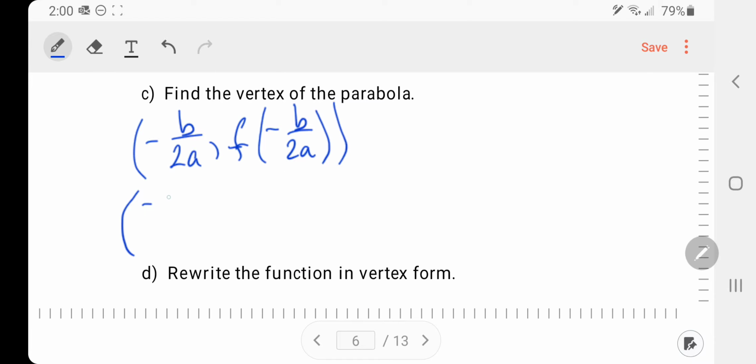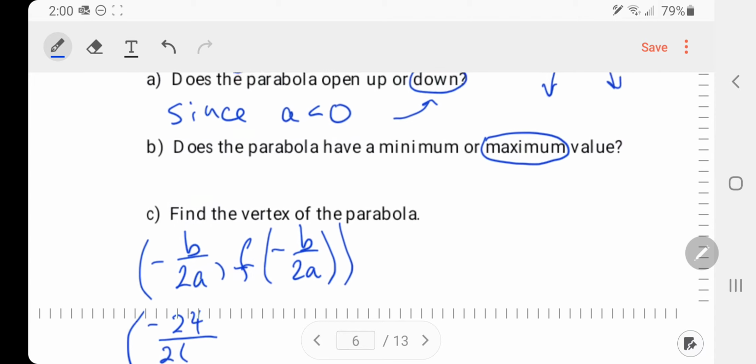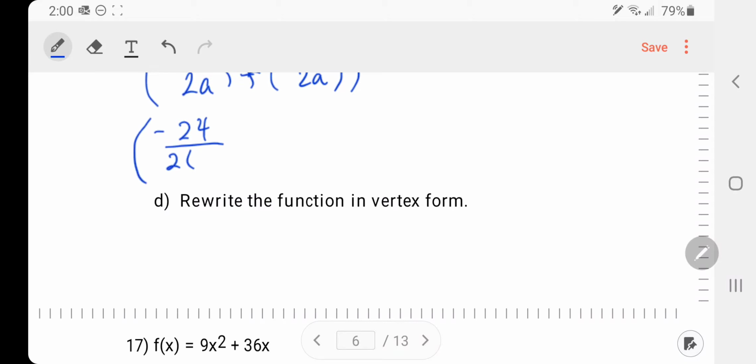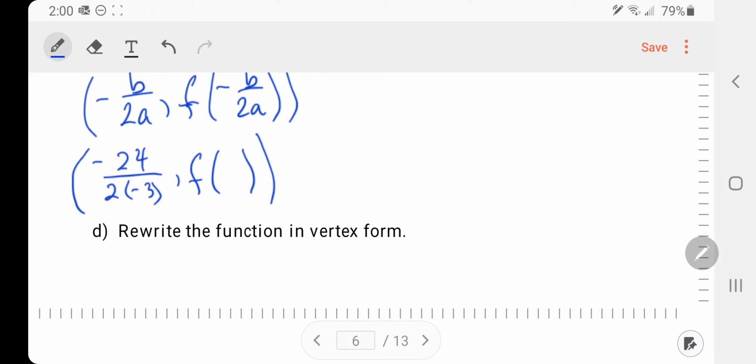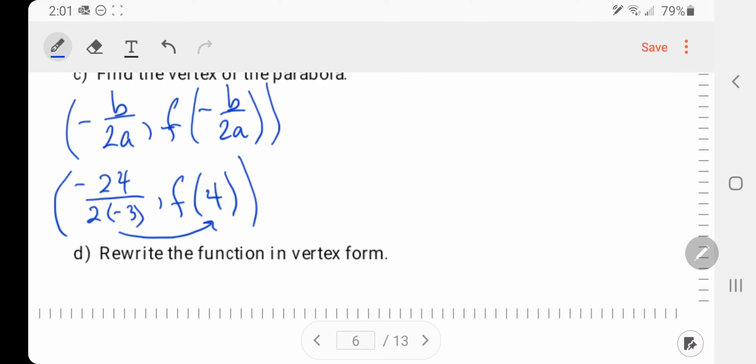So that's going to be -24 over 2 times -3, and then f of whatever that is. So what is -24 divided by 2 times -3? Well, that's a negative over a negative, which makes it a positive. 2 times 3 is 6, and 24 divided by 6 is 4. So that makes a 4.